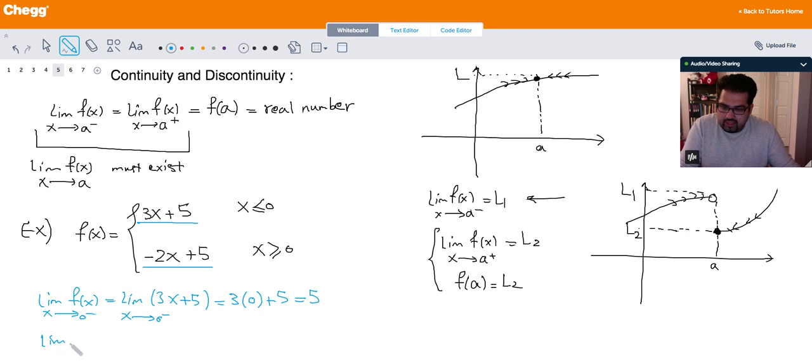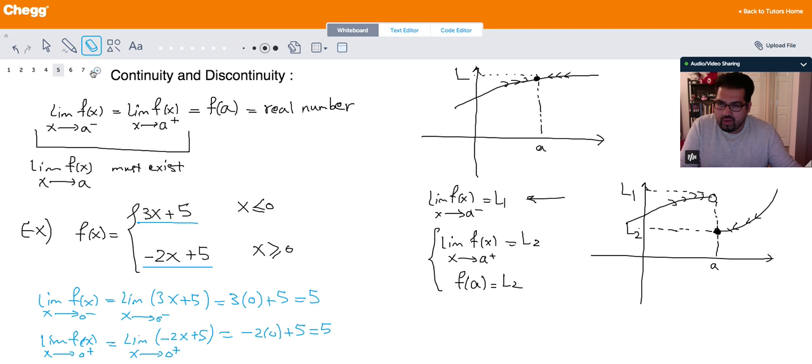And the limit of f of x as x approaches 0 from the right side, that's the limit of negative 2x plus 5 as x goes to 0 positive. It's going to be negative 2 times 0 plus 5, equal to 5. By the way, I need to remove this equal sign because it's defined for either the top one or the bottom one. It shouldn't have the equal sign for both.